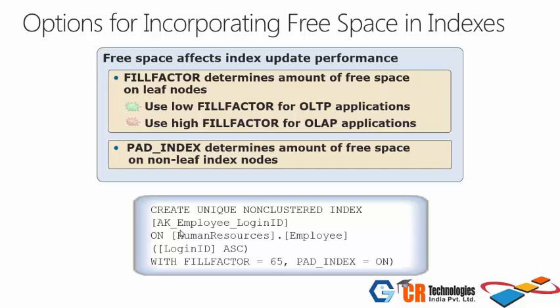Since the pages are only 65% full now, very naturally you've increased the total number of pages. The higher the total number of pages, the more pages you most probably need to touch, and thereby you've also affected the I/O. So you'll need to consider carefully what fill factor is ideal for your environments. Using a low fill factor for OLTP applications is highly recommended because you'll have a lot of inserts coming in, and using a high fill factor for OLAP is recommended because most probably those inserts are going to be once a day.